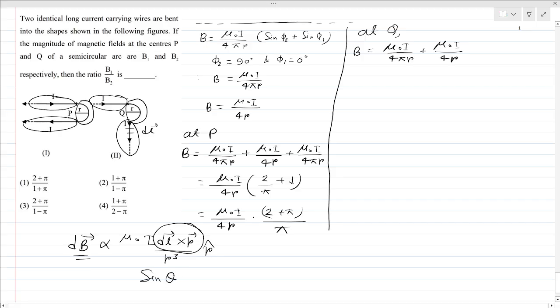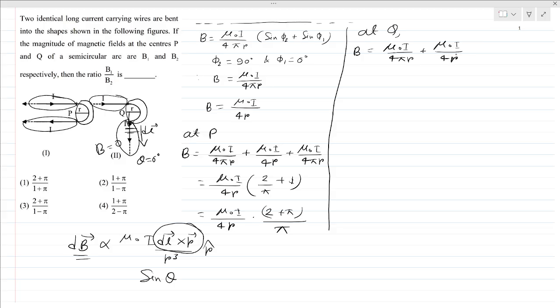If theta is 0 degrees, the value is zero, and only if theta is nonzero can we have a magnetic field at this point. But here you can see the dl vector is along this line, the segment, and r is also along this line. That means the angle between them is 0 degrees. Therefore for this part the magnetic field will be 0.